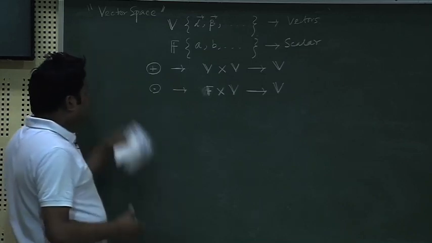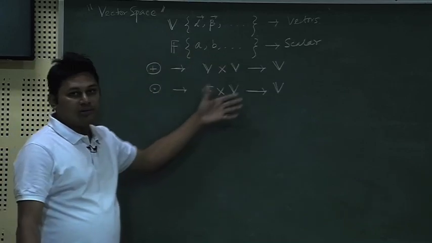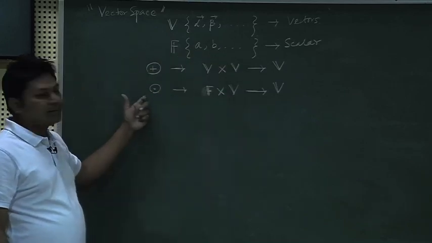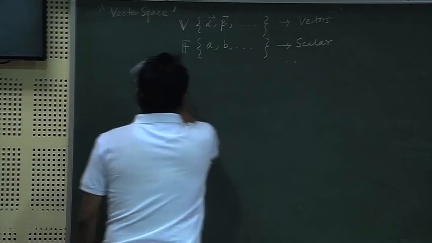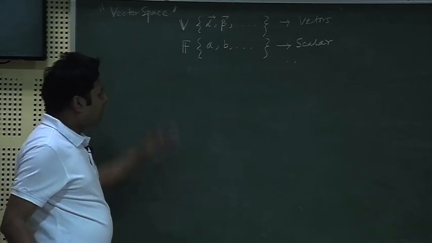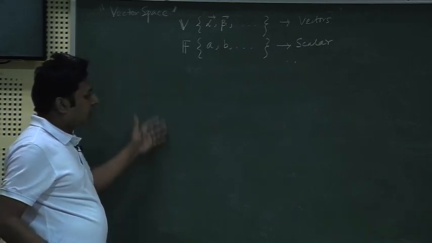Now if V and F follow these rules with the operations plus and dot, then they should also follow the other rules. We need to check the other rules.